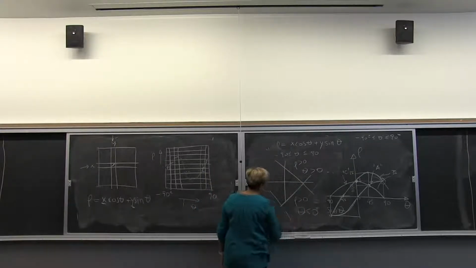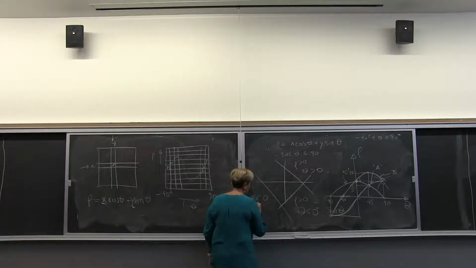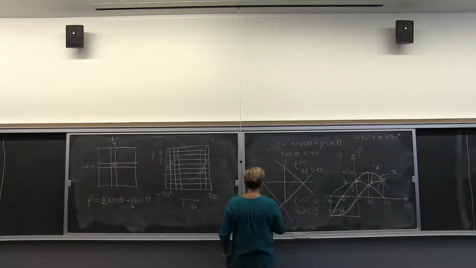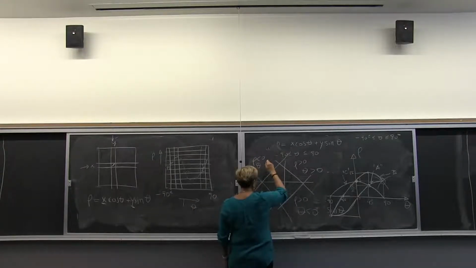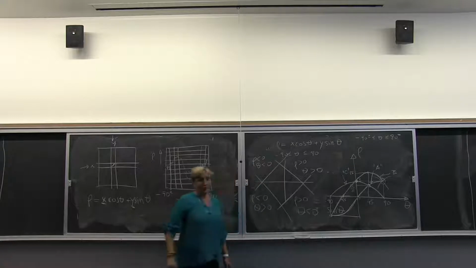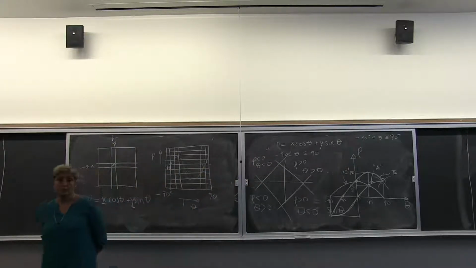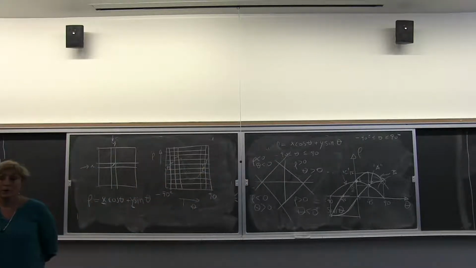In lines here, rho is negative and theta is positive. And in lines like here, rho is negative and theta is also negative. You guys should check it. Write the equation for a line in each of these quadrants and see how that's true.